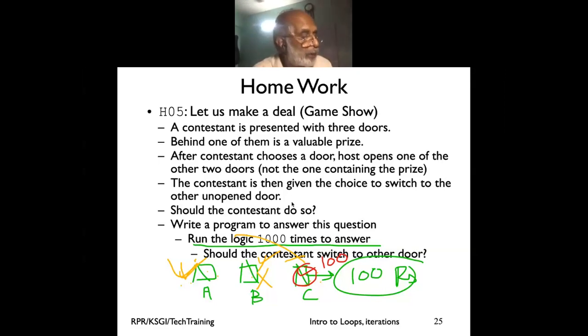So one is, it doesn't matter whether you change the option, the probabilities are same. Other is, if you don't change the option, you have a better chance in A. Other is, if you change the option, a better chance in C. So the question is, can you verify which is a better probability? Can anyone tell me, when I show you, should you make a choice change or not? Would you like to answer? No. No?